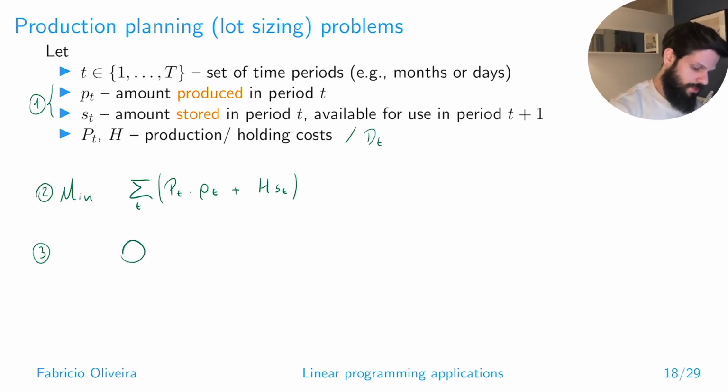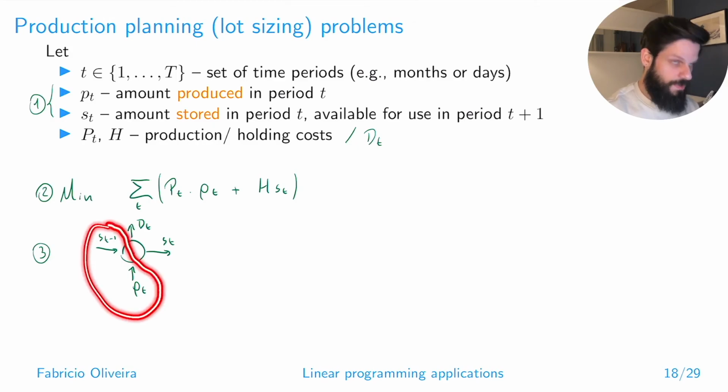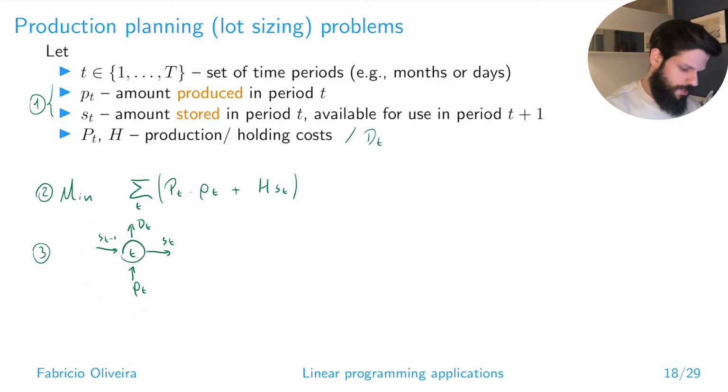So if I'm at node T, I have my demand leaving my node, my inventory coming from T minus 1, and my production at period T. And what gets sent to the next period as inventory from period T. So basically what we want to say is that these flows have to be the same. These flows, the input flows, they have to match the output flows.